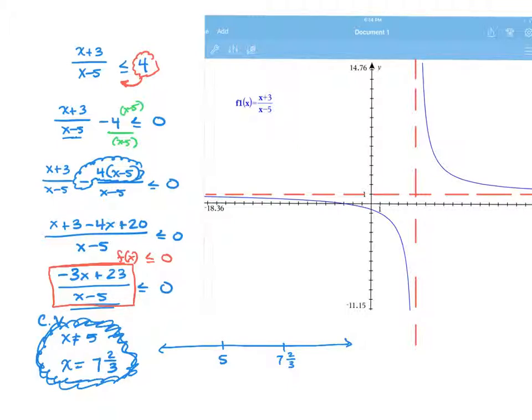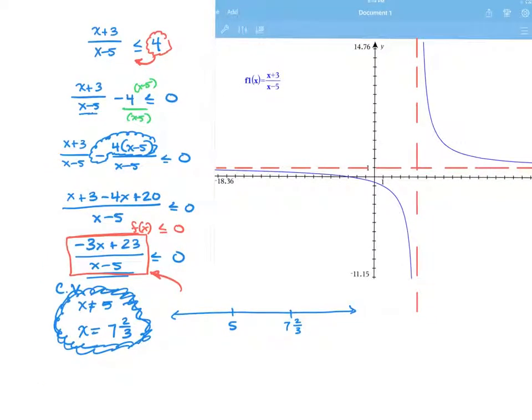Now, looking at this graph, you're not always going to have a graph, but I want to show you something here. If I pick a number that is less than 5, say like 4, and I plug it into this function: negative 3 times 4 plus 23, divided by 4 minus 5.